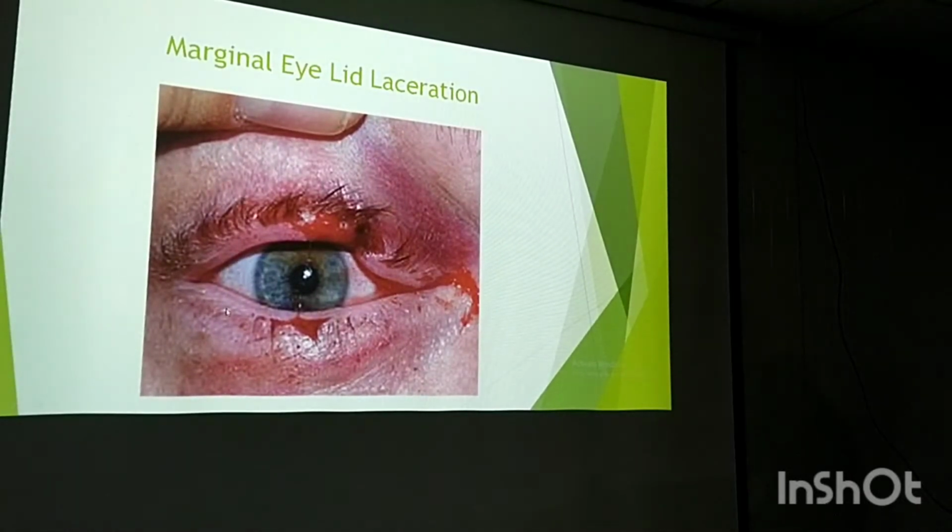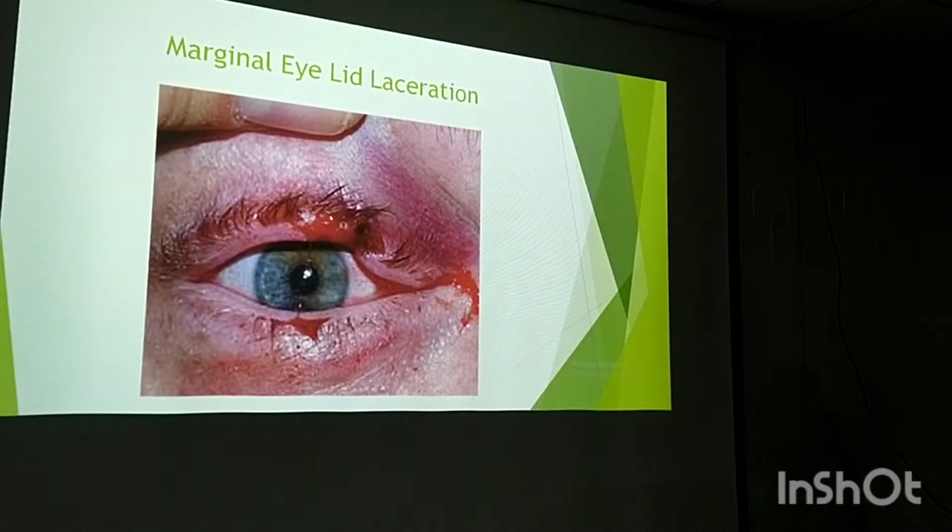If these are intact, we say that the injury is not so severe location wise. Once the lid margin is damaged, as in this case, it is an urgent case to repair it. Once it is not repaired, there will be notching and future problems for the tear film and the eyeball.